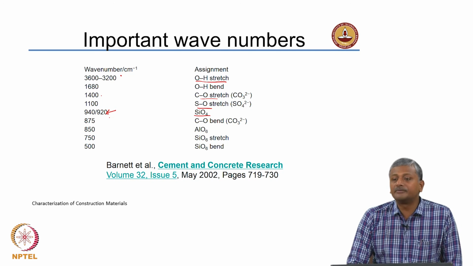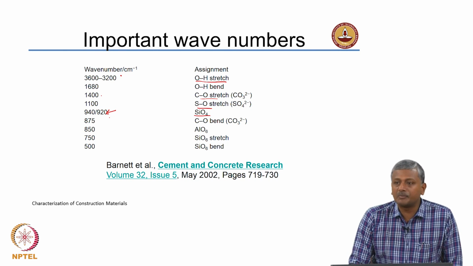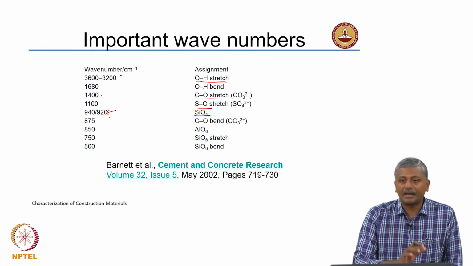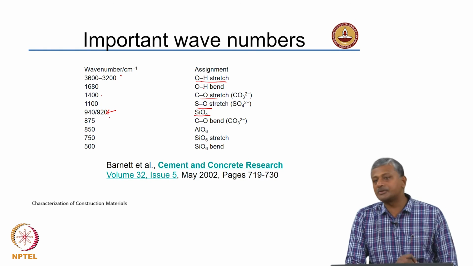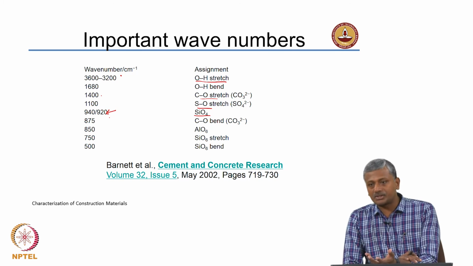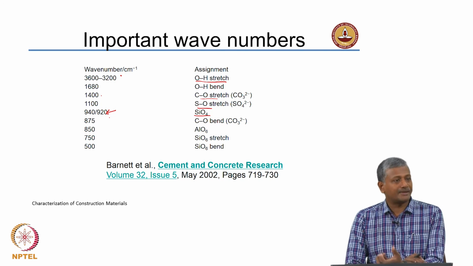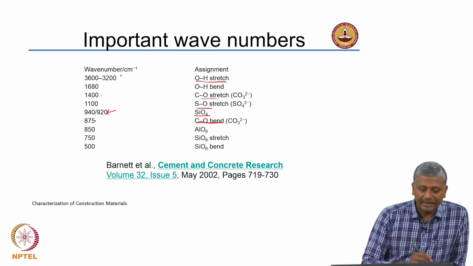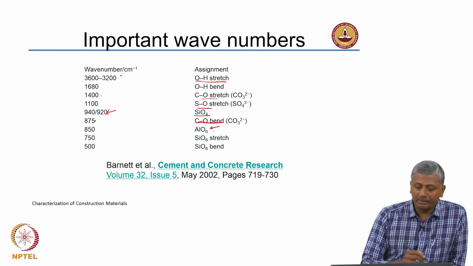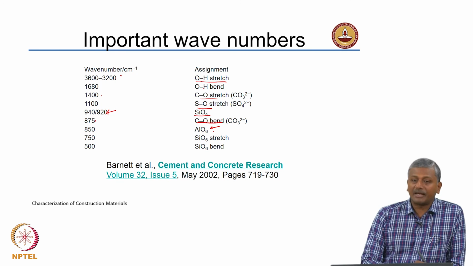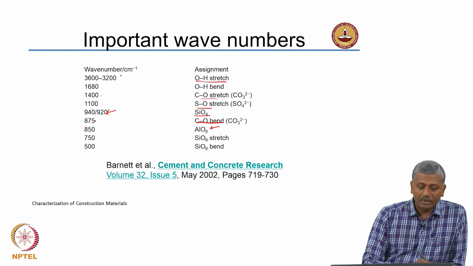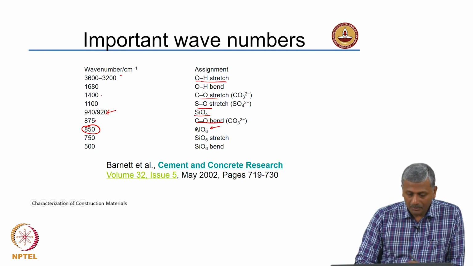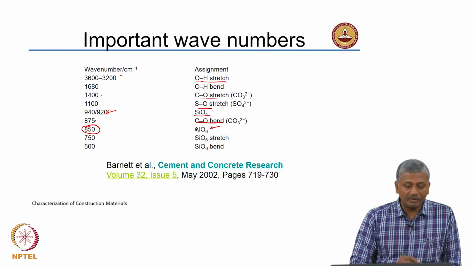If you observe most conventional cement based systems, you will see silicon oxygen locations at about 940 to 920, because silica, even in CSH, is pretty much in a tetrahedral state. Carbon oxygen bend happens at 875. The octahedral alumina, which is typical of ettringite, is close to 850 wave number.